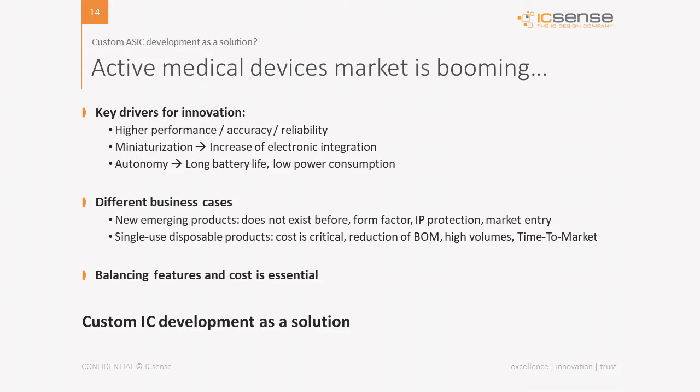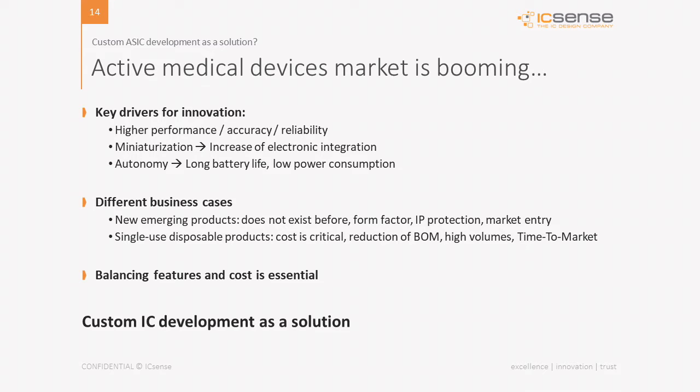There are many technological reasons to consider a custom ASIC, but also the business cases can change from case to case. For example, in the case of new emergent products that didn't exist before, there are a lot of important factors that play a role, like form factor, IP protection, market entry.